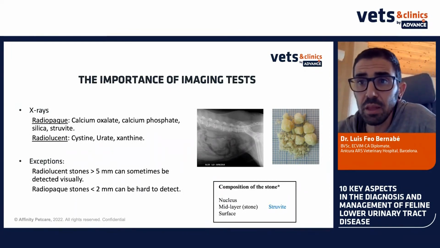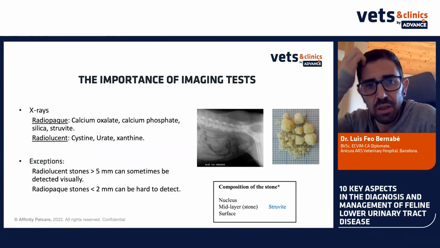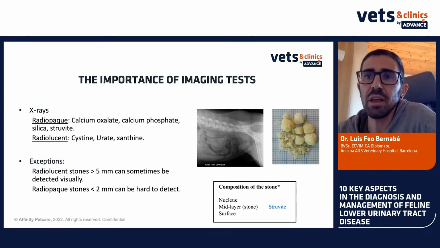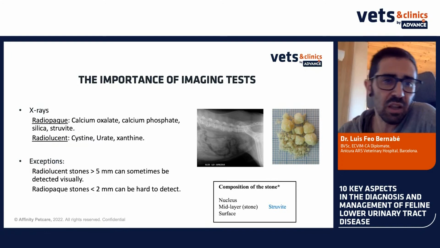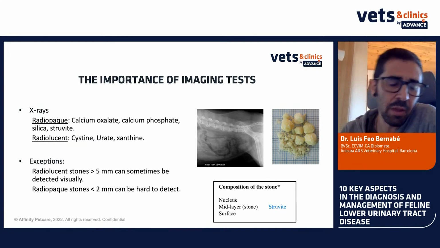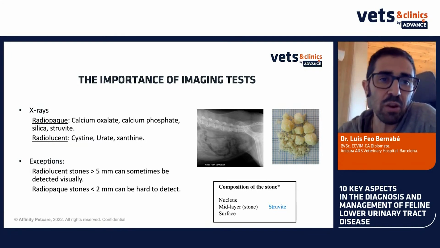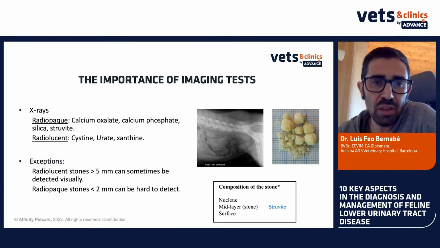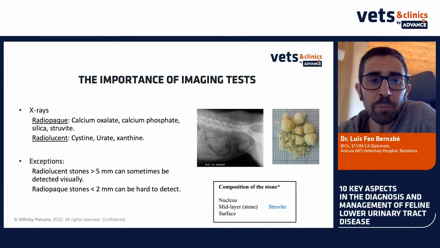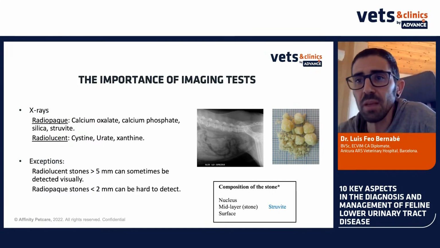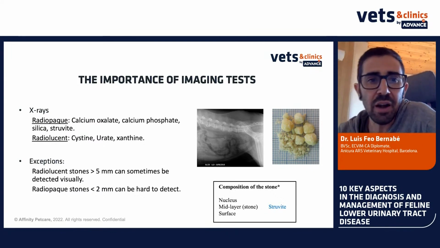Also very important to remember is that you cannot see all the stones or uroliths on the radiographs. A good thing to remember is that the radiopaque stones that you can see in radiographs are calcium oxalate, calcium phosphate, silica, and struvite. And the stones that you won't be able to see in radiographs are cystine, urate, and xanthine.